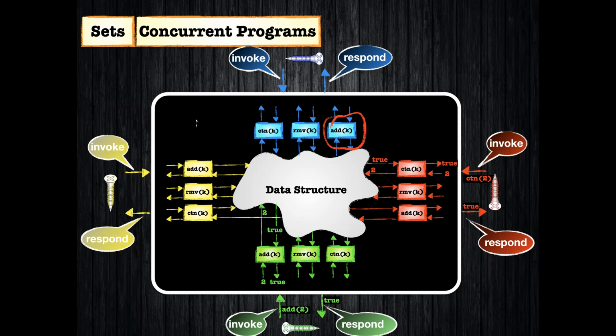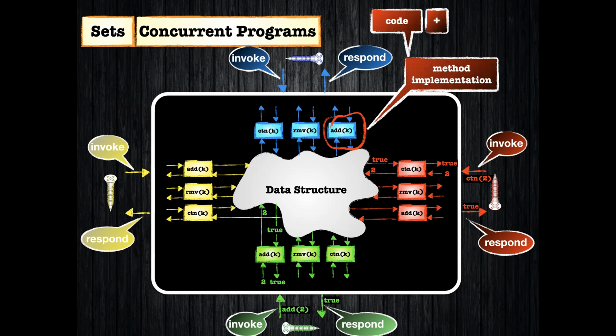So in this case, we are studying sets. We have these modules, we have this common data structure. So this means that the method implementation is not only the code, but also the linearization point, where you linearize, for a particular execution of the method.